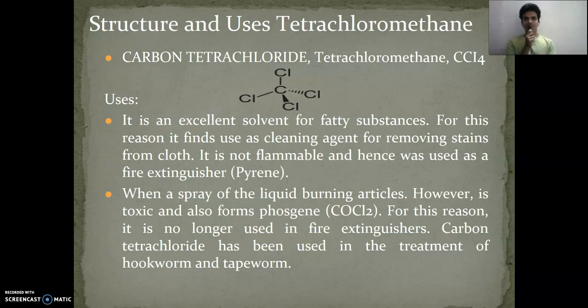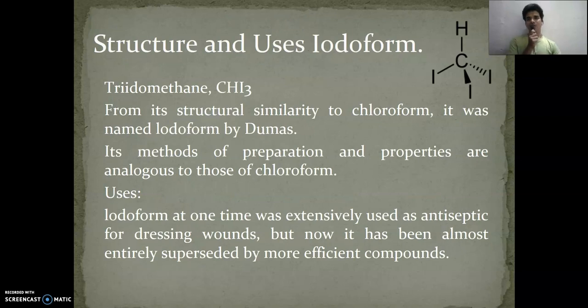Then the structure and the uses of iodoform. The last compound from this topic is iodoform, CHI3. It is similar to chloroform, and it was named iodoform by Alexander Dumas. Its method of preparation and properties are similar, analogous to chloroform.